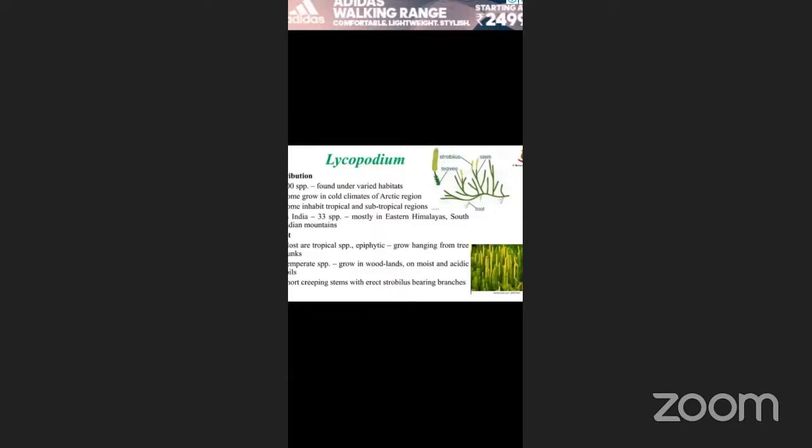These sporophylls are smaller than vegetative leaves, especially in the advanced species. The sporophylls are aggregated into cone-like structures. Strobili. Okay, so they are called strobili or cone-like appearance is present.